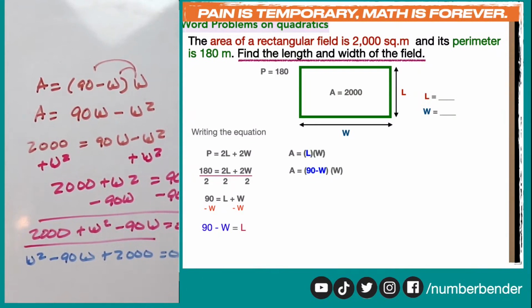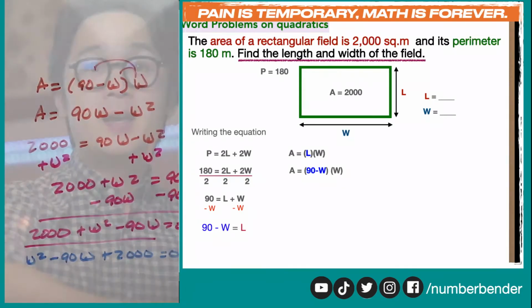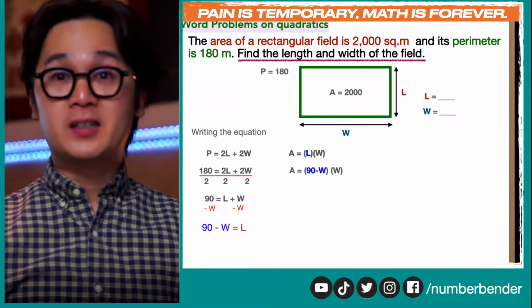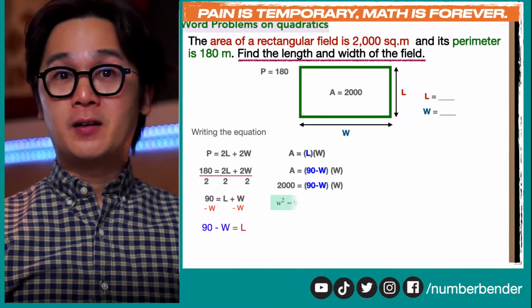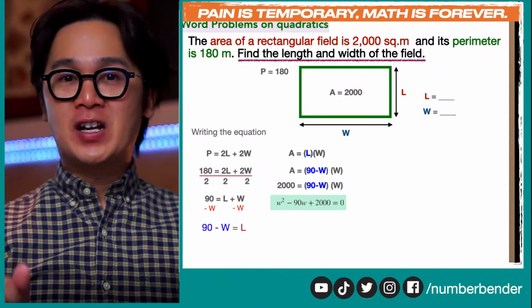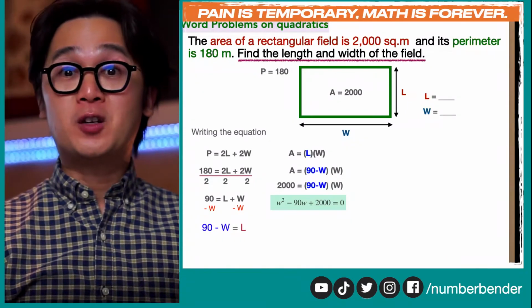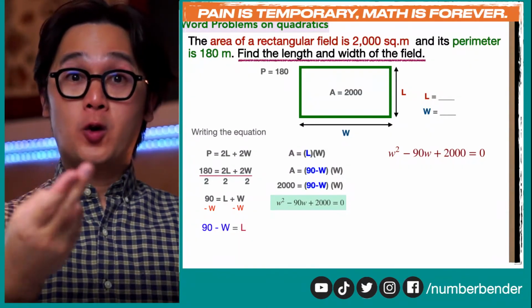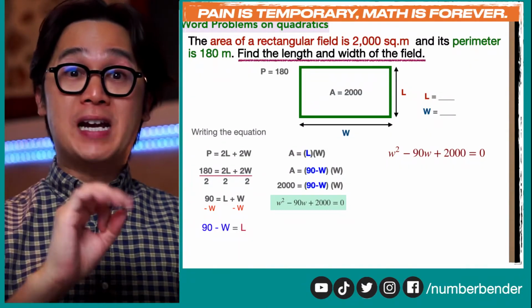equals 0, because now my quadratic equation that I'm going to be using is going to help me answer my word problem, because my quadratic equation will lead me to finding the solutions of the quadratic by factoring, completing the square, or quadratic formula.